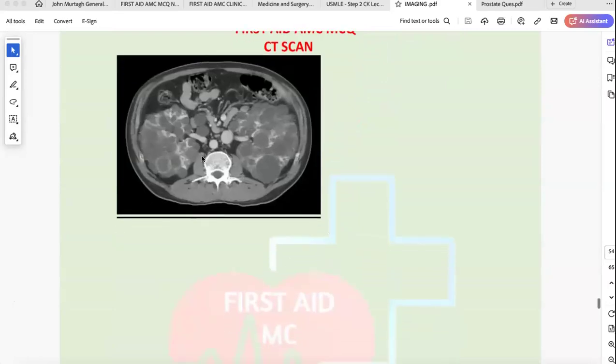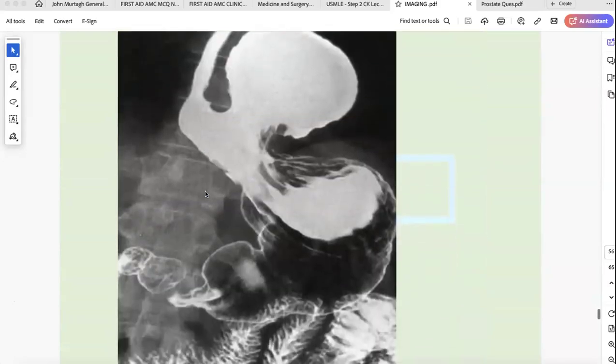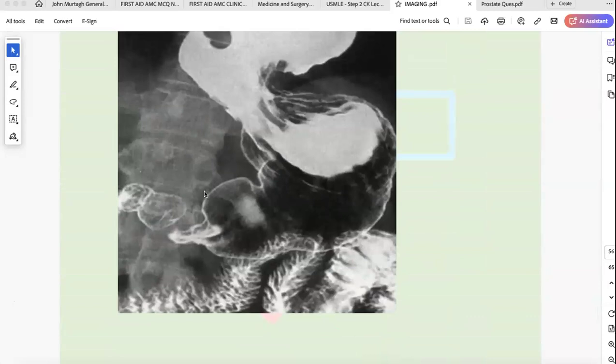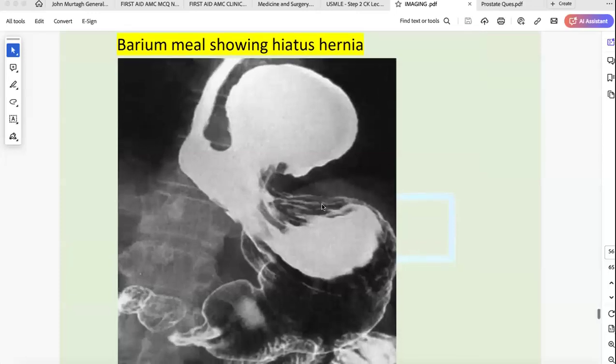So that's also PCKD. Hiatal hernia, not super important, but if they give you a barium swallow, the hernia will look like this. You remember what a hiatus hernia is, where part of the stomach goes into the chest.